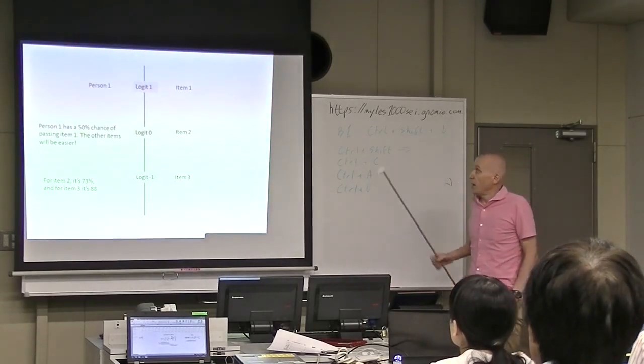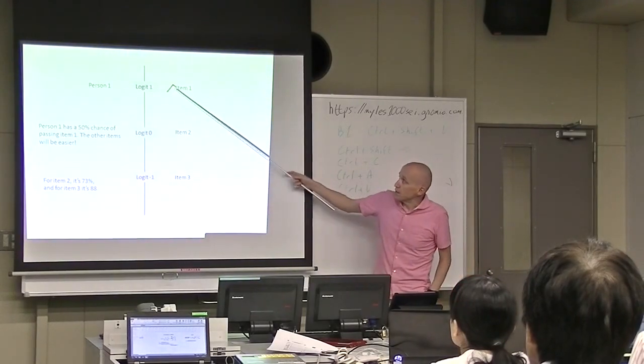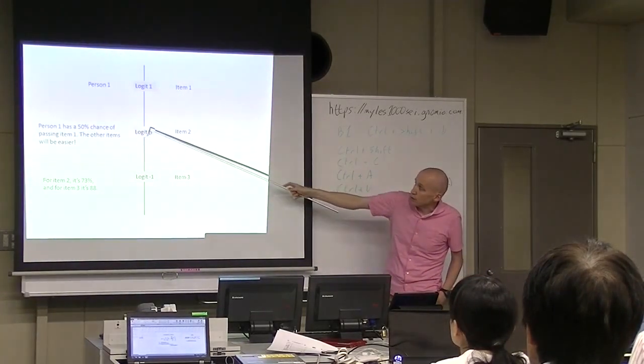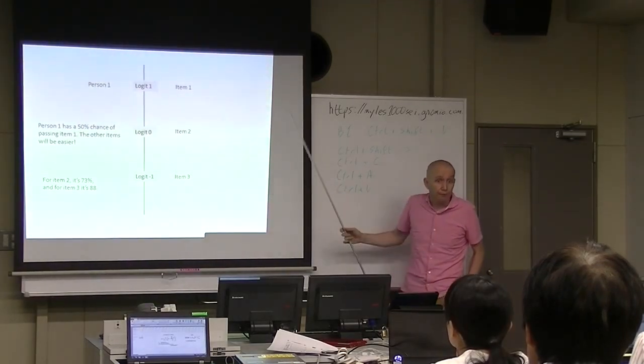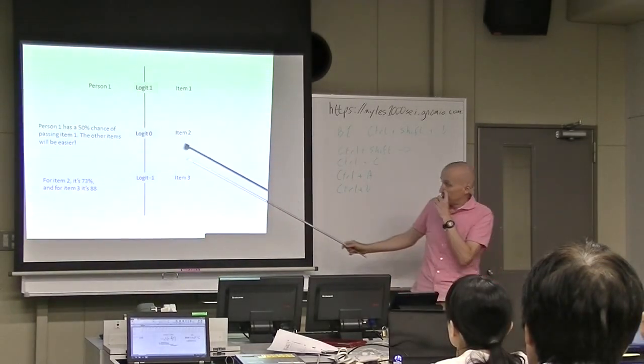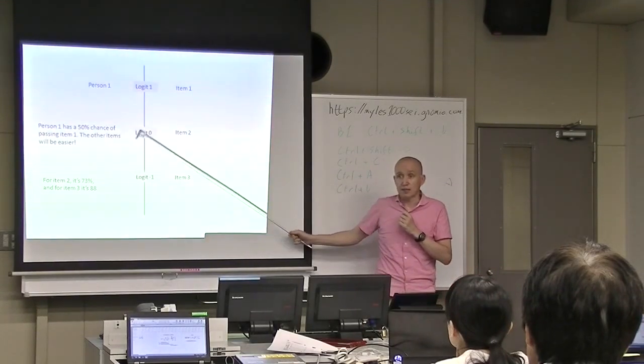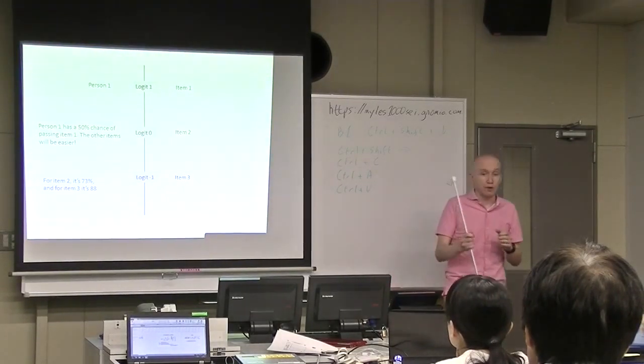Okay, and the distance between item 1 and item 2, which is at 0, is the same as the difference to item 3. And there's a fixed chance of getting these items right.